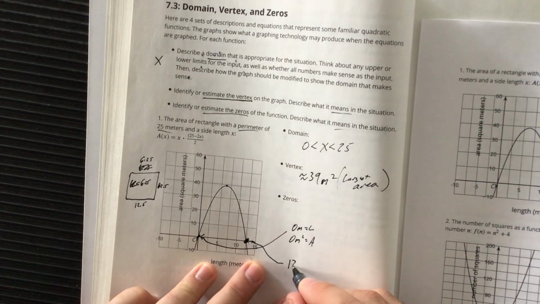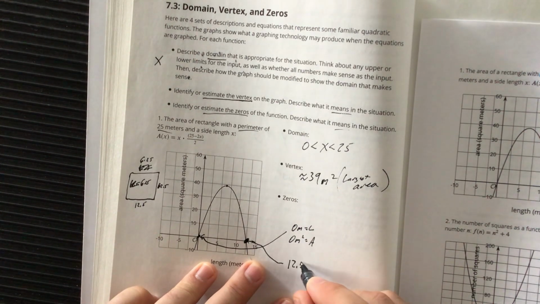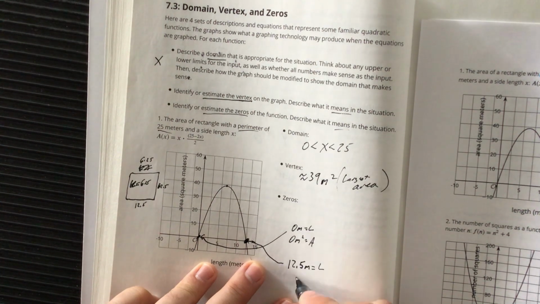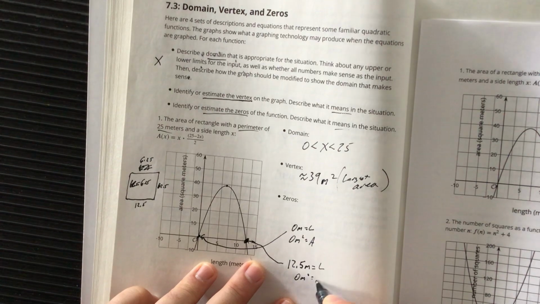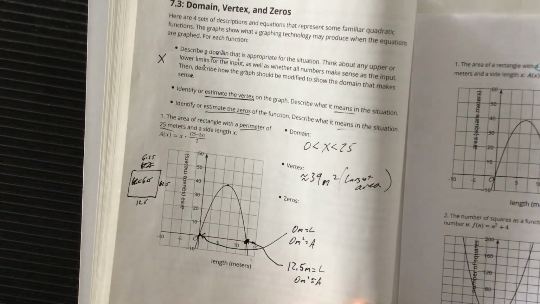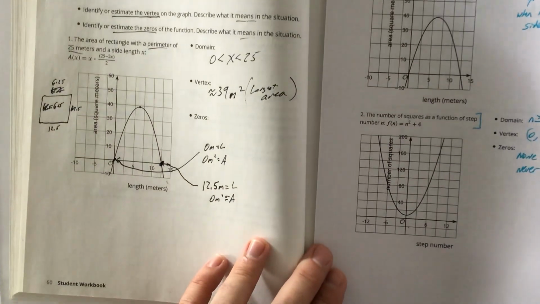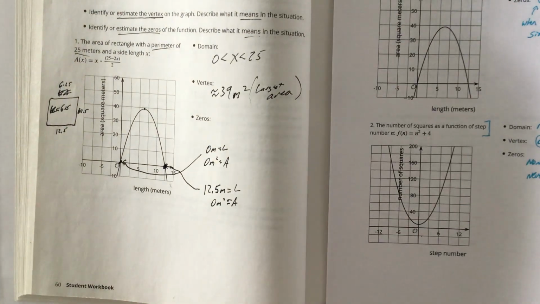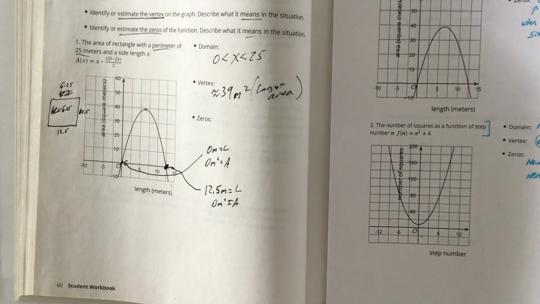If the length is 12.5, the area would be 0 as well, because the other side would have to be 0. So those are the lengths when the area is not possible, 0.